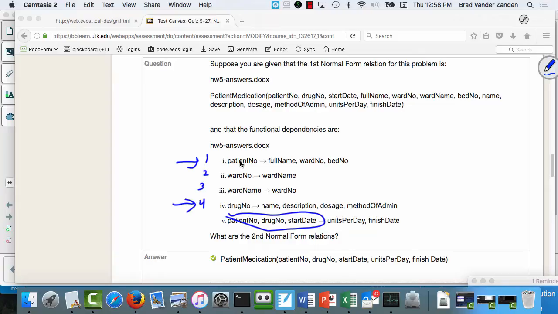So the left-hand side has to stay because it's a subset of the primary key. Only the right-hand attributes actually get deleted. And the left-hand side in the new relation will be the foreign key that can be used for joining.